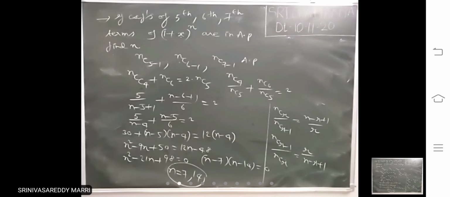The coefficient of rth term is nCr minus 1. Next. Look at the next problem.